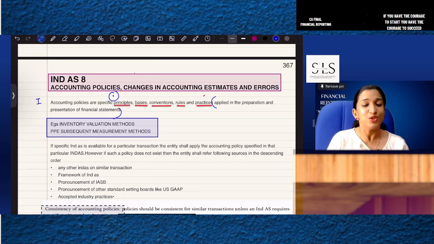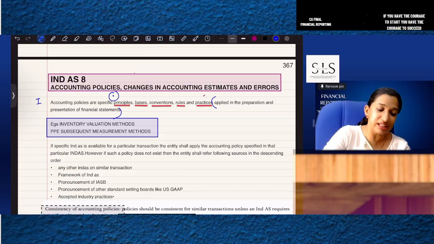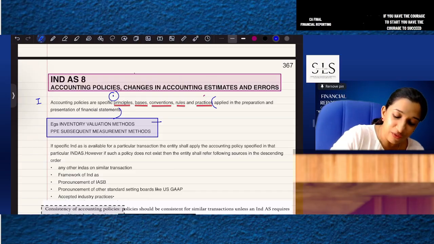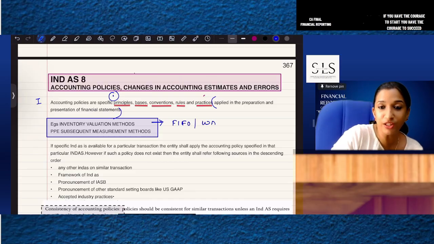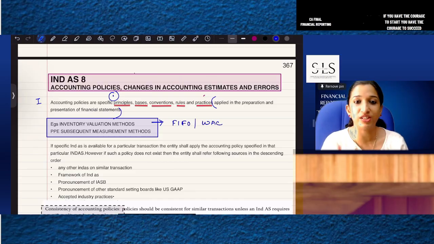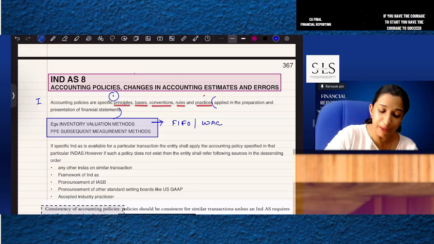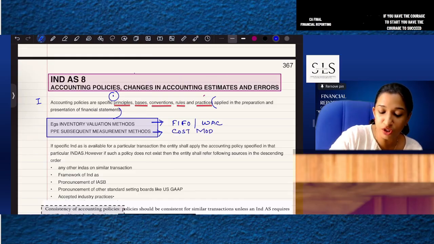Okay. So examples of accounting policies are inventory valuation methods, FIFO and weighted average cost method. Then PPE subsequent measurement methods, that is cost model. As per Ind AS 16, you can go for the cost model or you may go for the revaluation model.